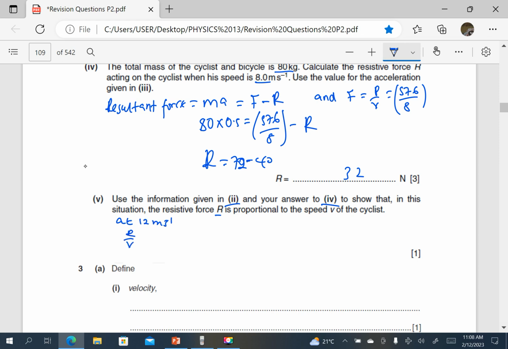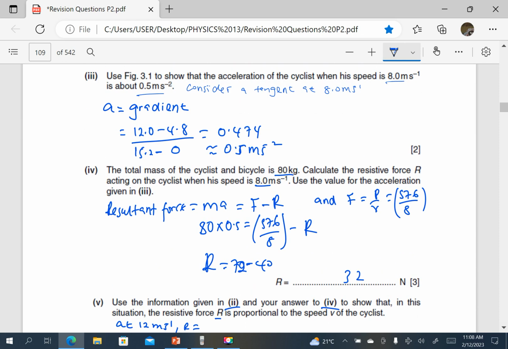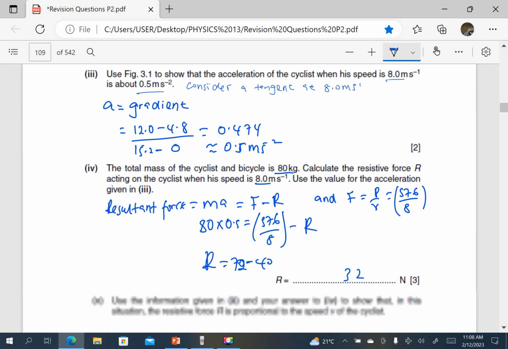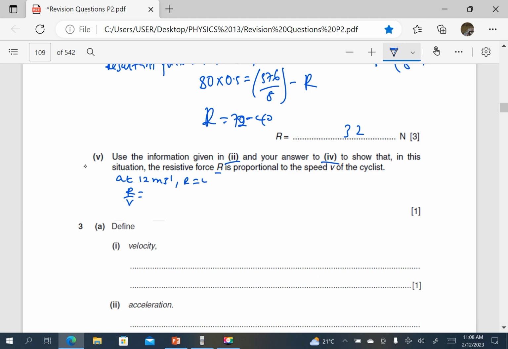At 12 meters per second, R was 48. So R over V is equal to 48 divided by 12, which is 4.